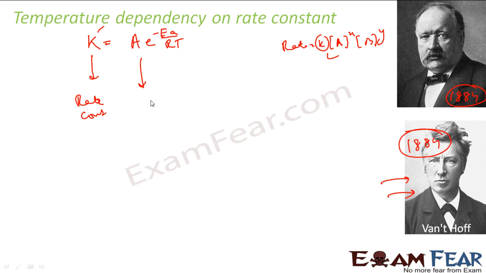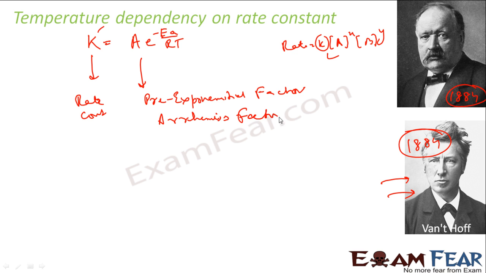A is called the pre-exponential factor. It has various names. It is also called the Arrhenius factor. It is also called the frequency factor. There are so many names for this. And please note, it is a constant value.